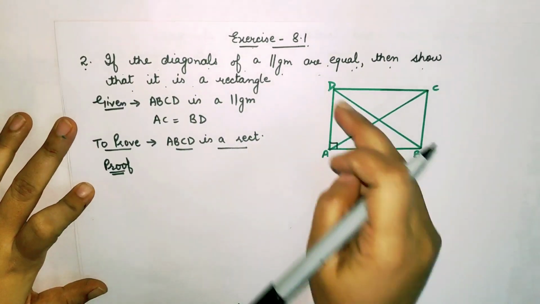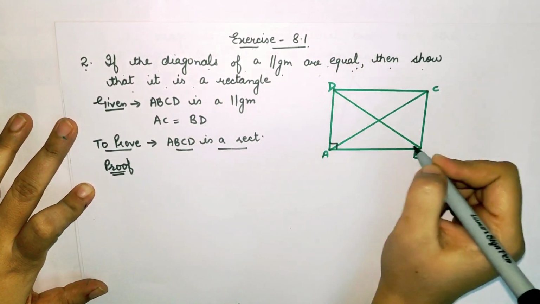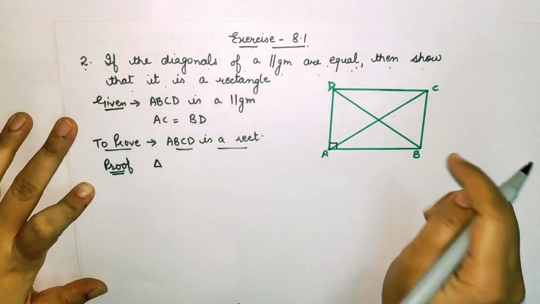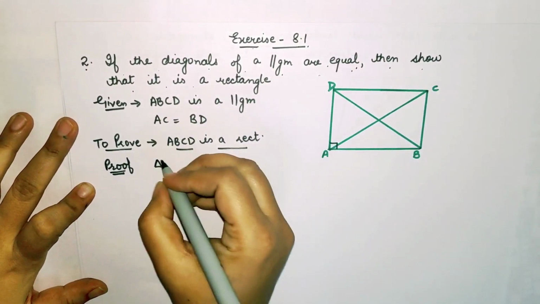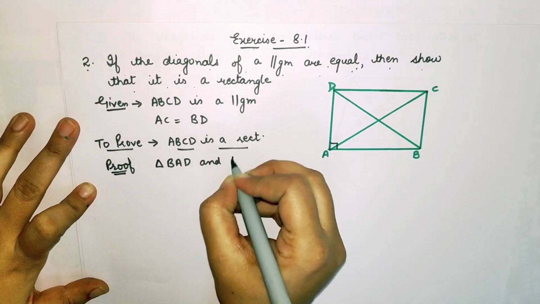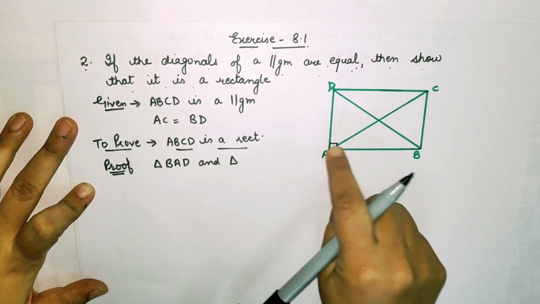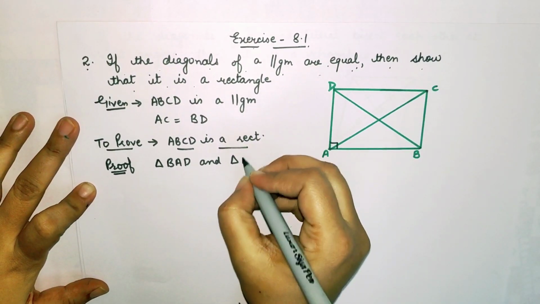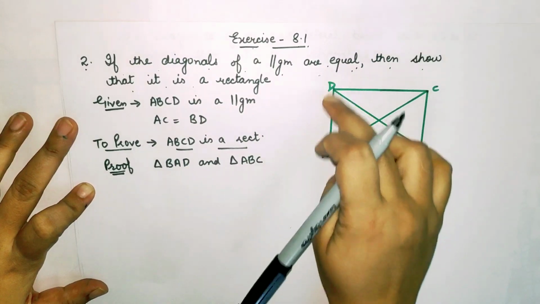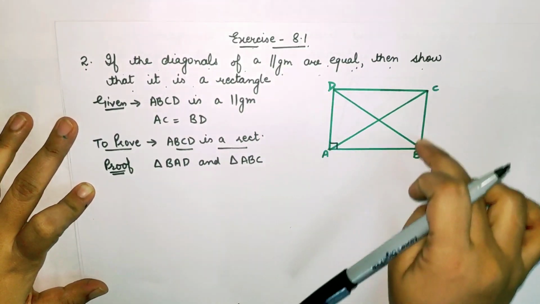Now in this we take these two triangles. Which triangles? Triangle BAD and triangle ABC. We take these two triangles, this one and this one.